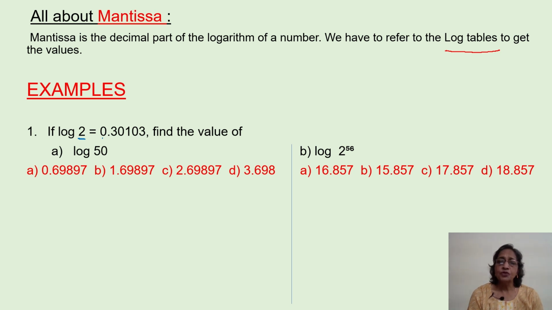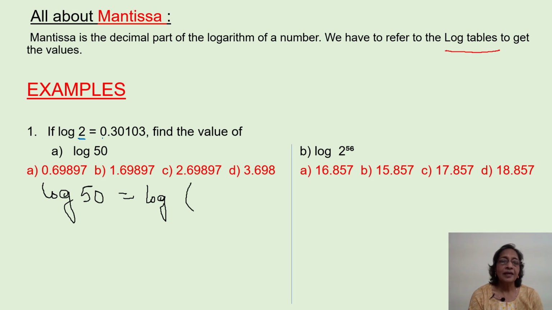So what you need to do here is find the value of log 50. Now remember, if log 2 is given, that means you have to use log 2 somewhere. So I have to convert log 50 so that I can get some value referring to log 2.